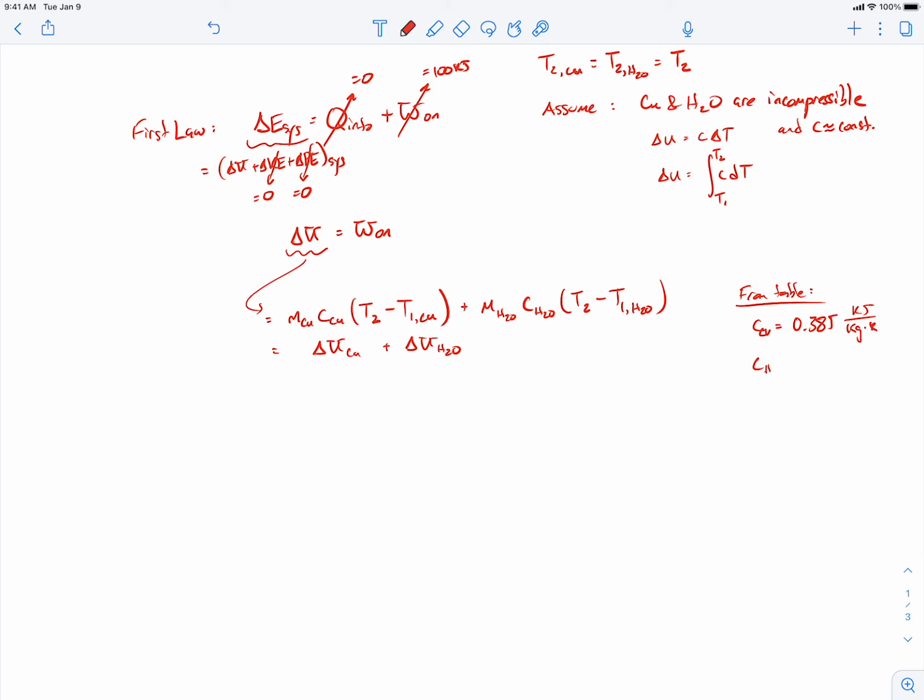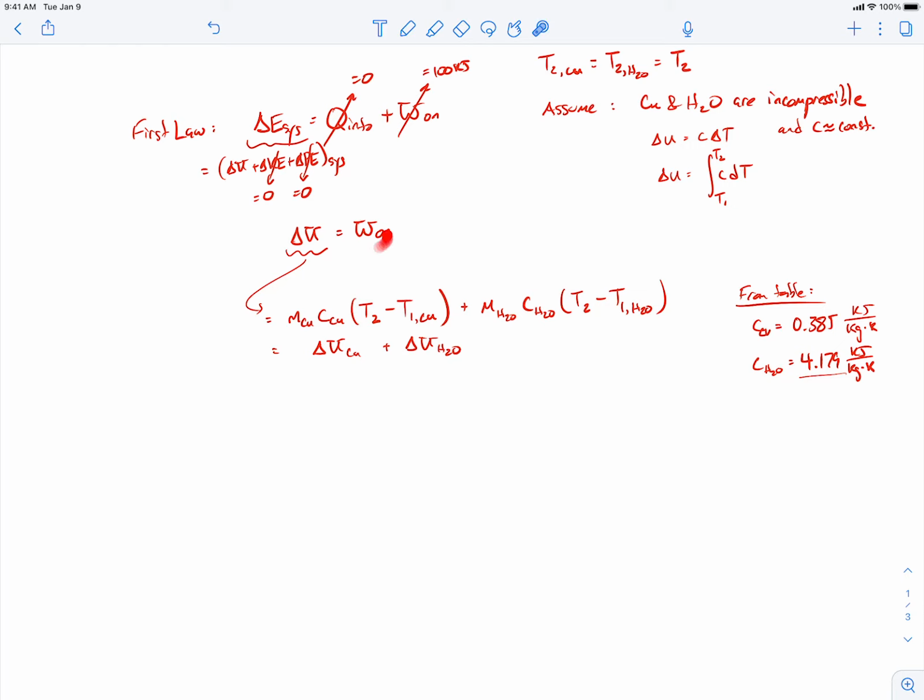And the specific heat for water, the one that I chose, was 4.179 kilojoules per kilogram Kelvin. Again, you might choose a slightly different value than I used here, and it would be fine as long as it's close. All right, so now I can solve for the final temperature.